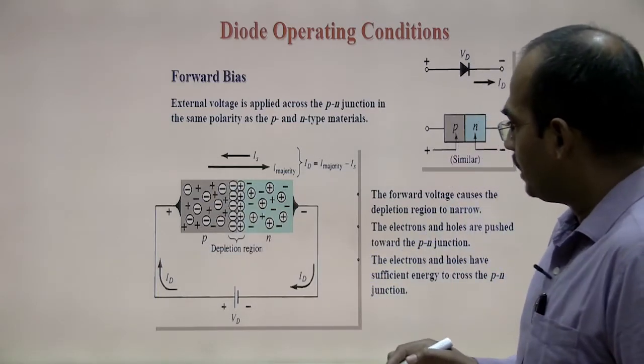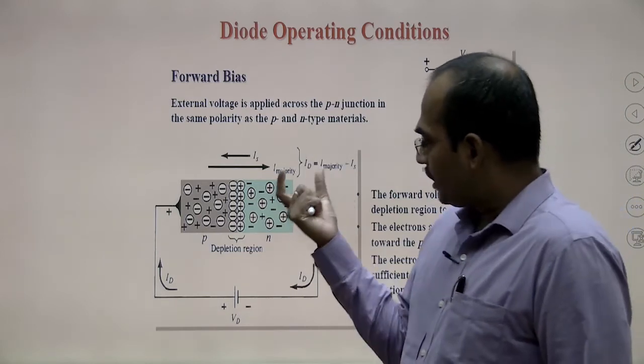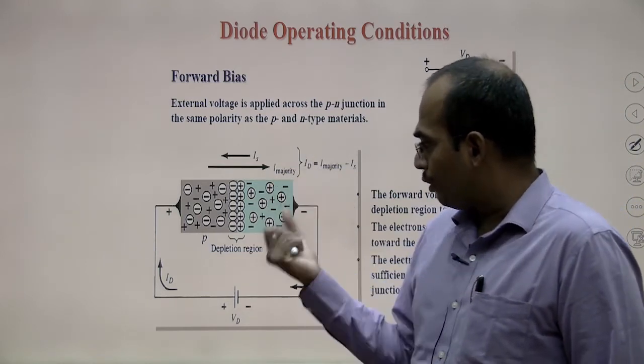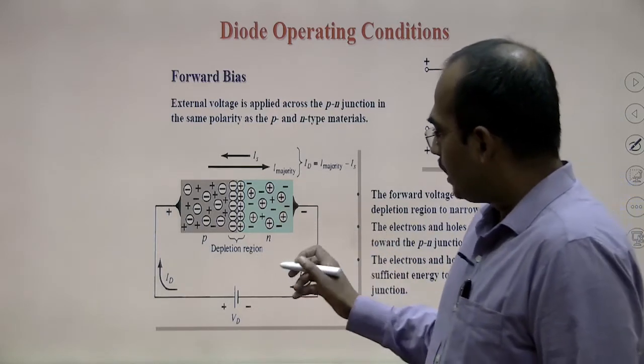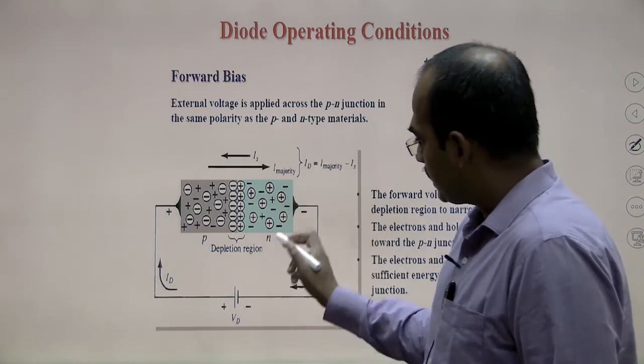Then the depletion layer formed in the no bias condition will start reducing. How will it reduce?